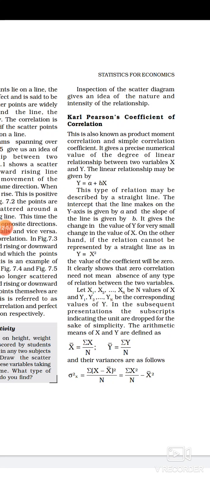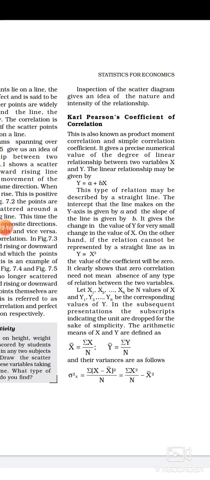Now learn about Karl Pearson's coefficient of correlation. This is also known as product moment correlation and simple correlation coefficient. It gives a precise numerical value of the degree of linear relationship between two variables x and y. The linear relationship may be given as y = a + bx.